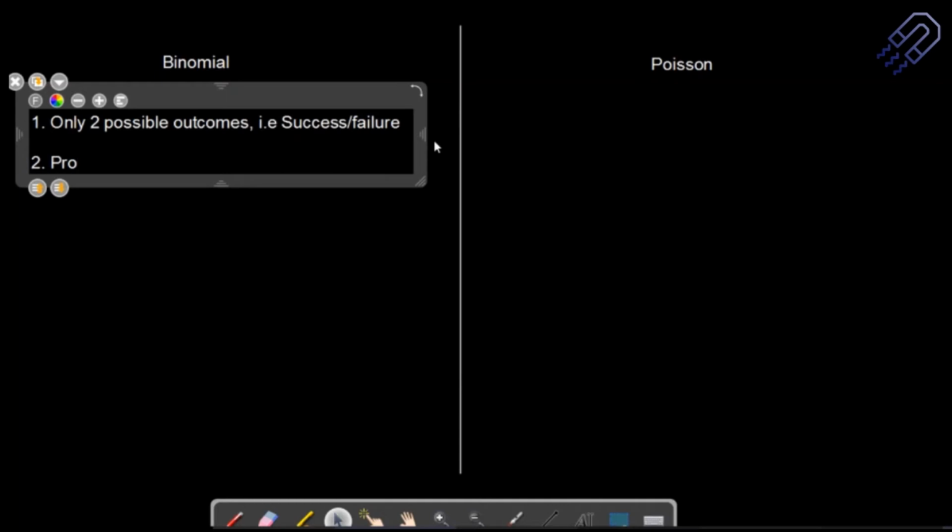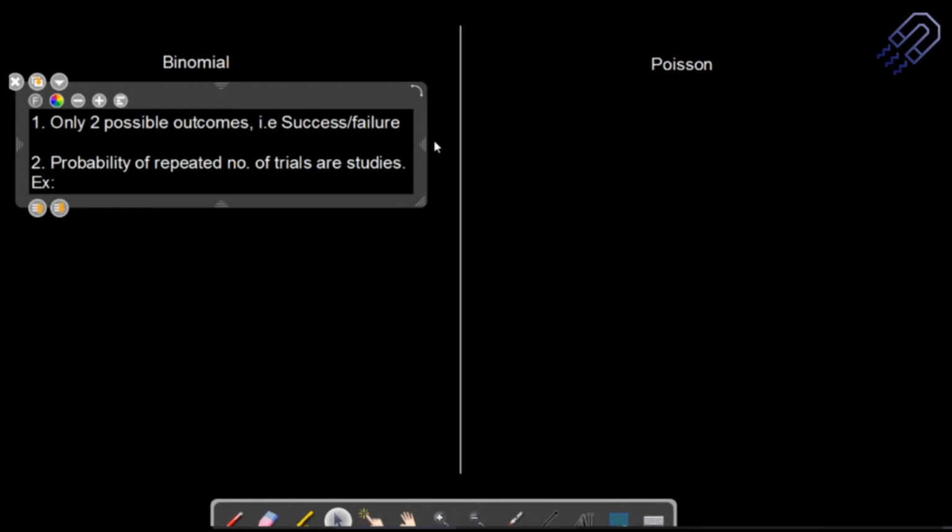Number two, the probability of a repeated number of trials is studied. For example, tossing of a coin. You have a coin, you toss it 10 times. How many times are you going to get head? How many times are you going to get tail? That is what repeated number of trials means.